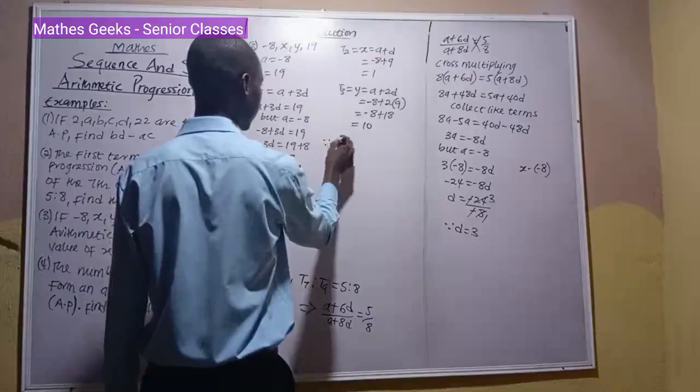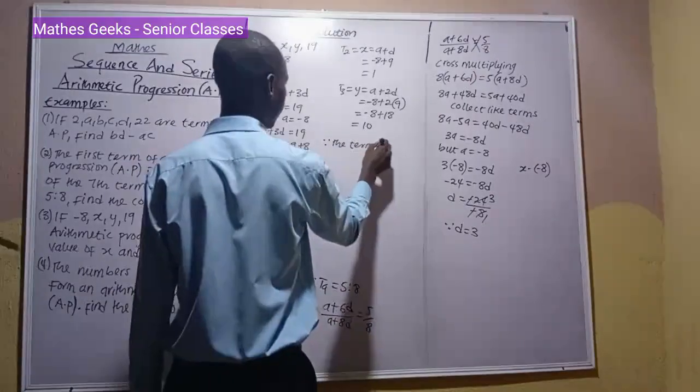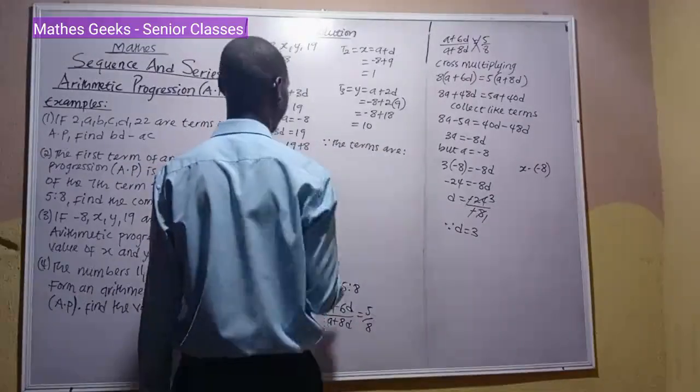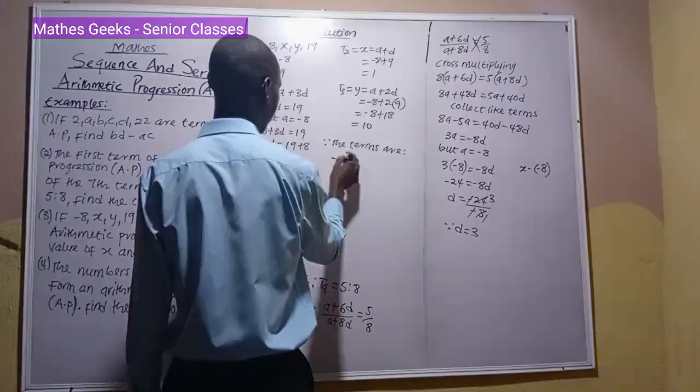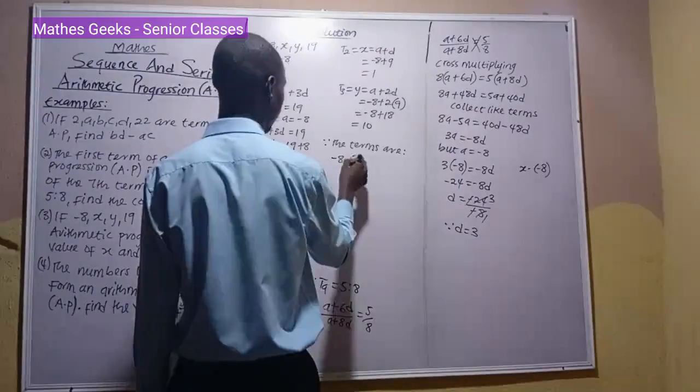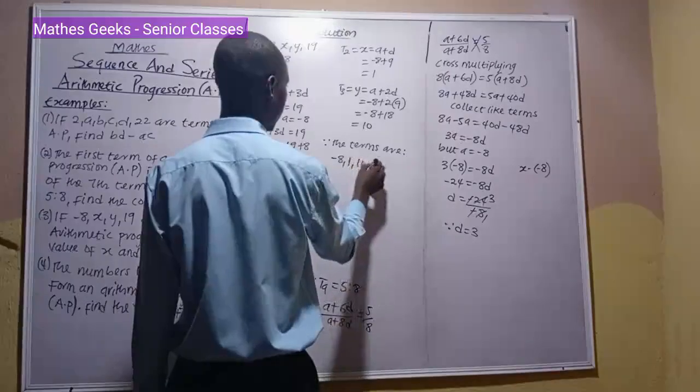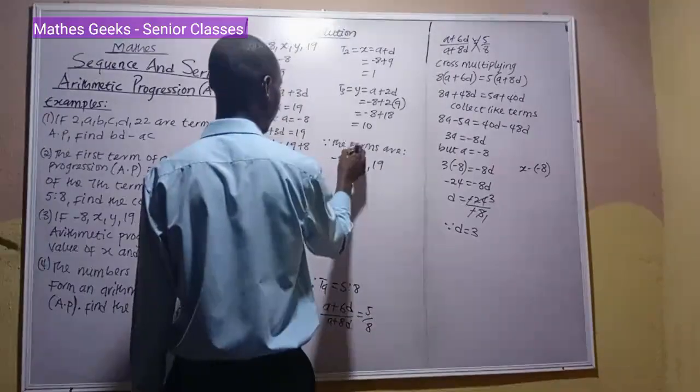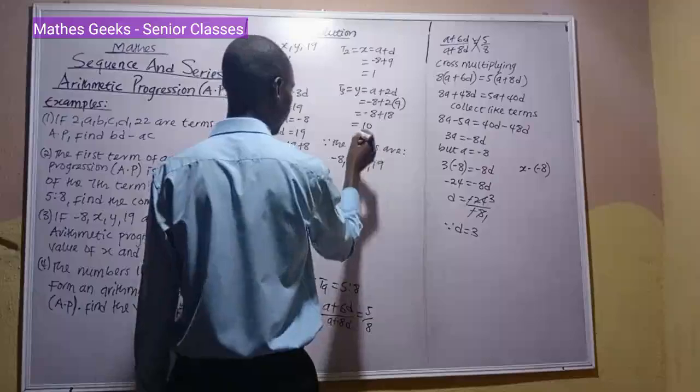So therefore, the terms are -8, 1, 10, and 19, where 1 is x and 10 is y.